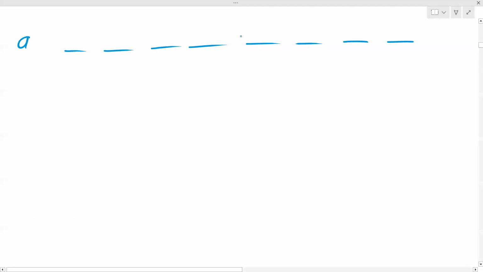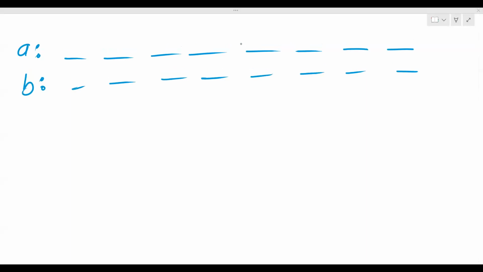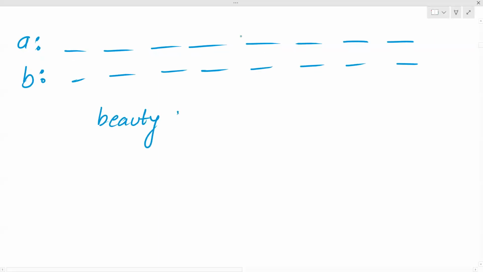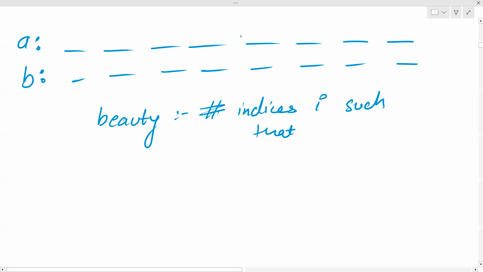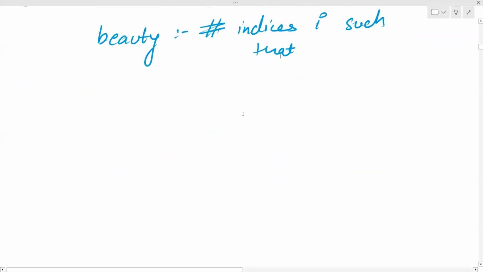We have this array A and we have this array B. And the beauty is defined as the number of indices I such that A_I is more than B_I.